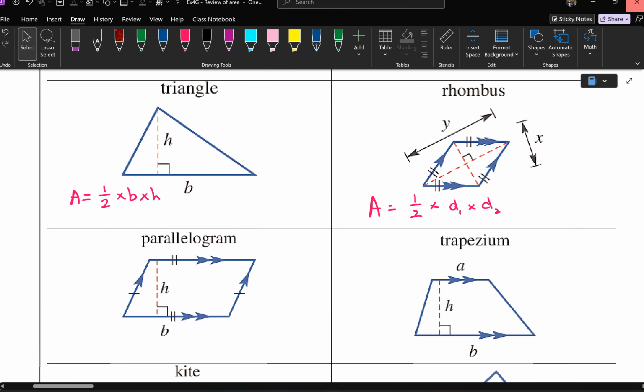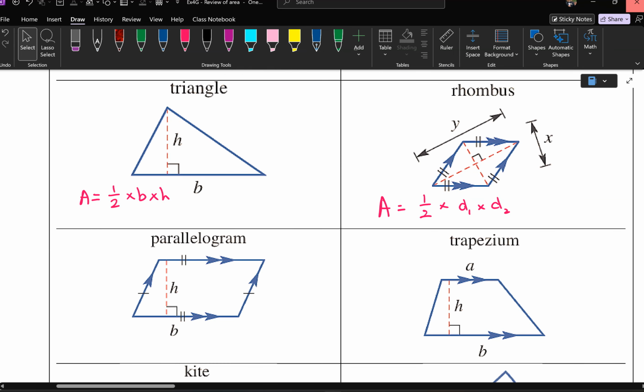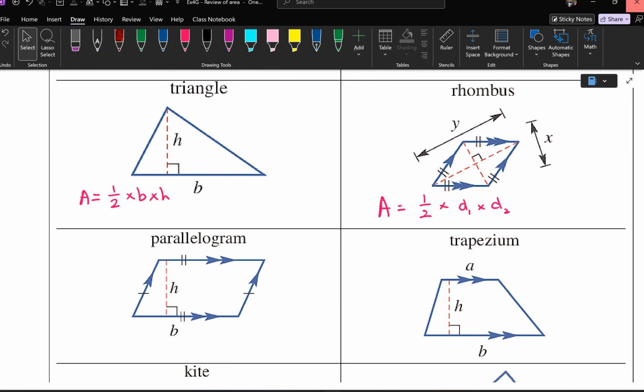What's confusing is, and you can prove that as well if you split it up into 2 triangles. So cut it like that and use the perpendicular, because the intersection between the 2 diagonals is actually 90 degrees. Remember I said area is always related to the 90-degree point. If you split up the 2 triangles and found the area of this and the area of that, you'll find that the proof ends up being half d1 times d2.